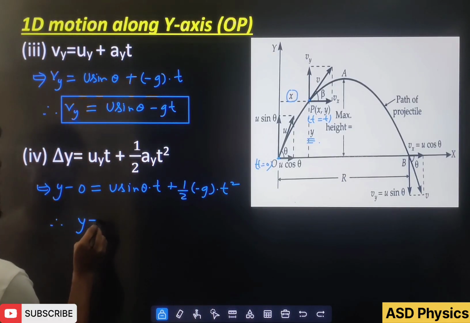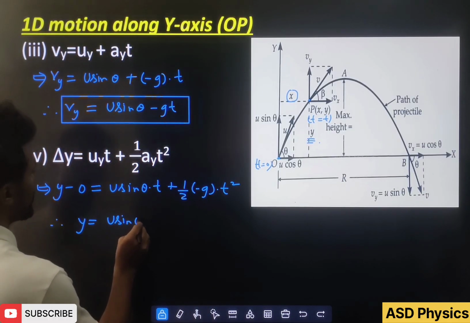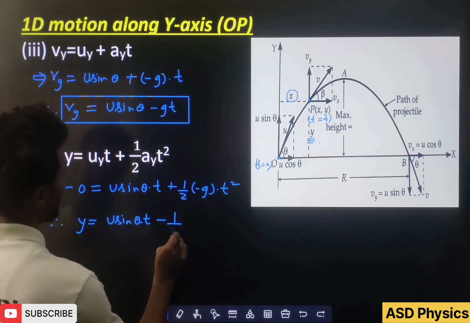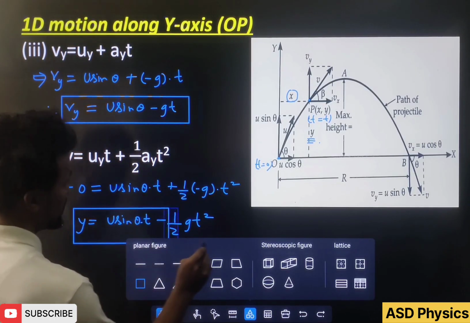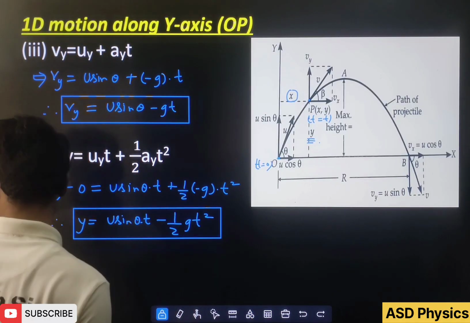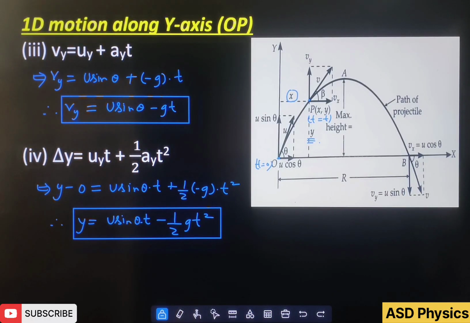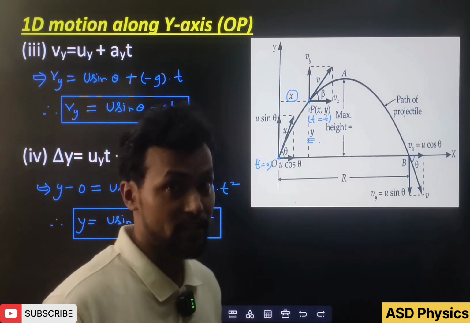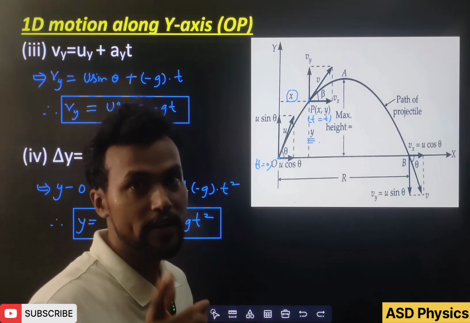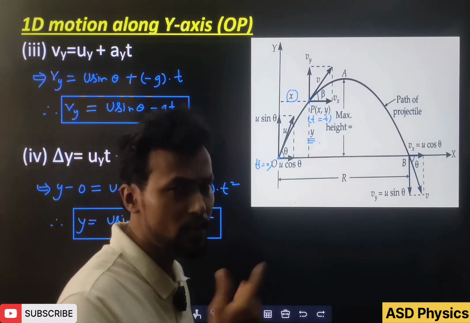So y equal to u sin theta t minus half gt square. This is also an important formula. That means we have got four equations, two in the horizontal direction, two in the vertical direction. All these equations we will use to get all the important terms.